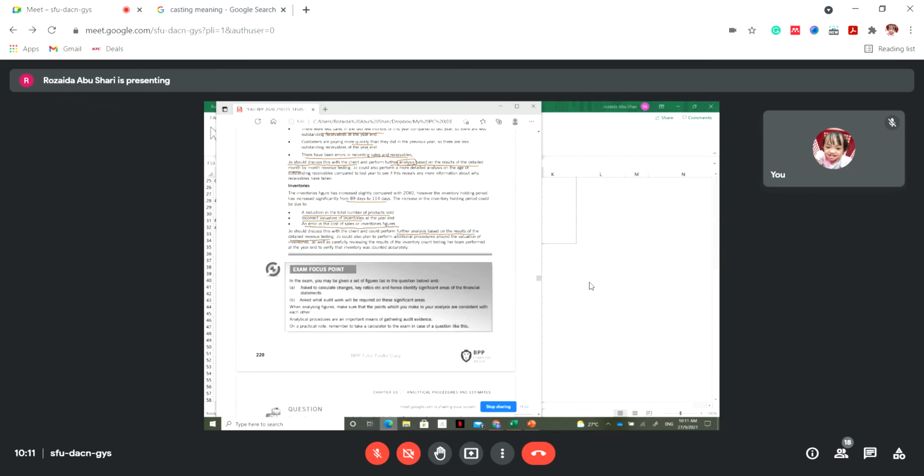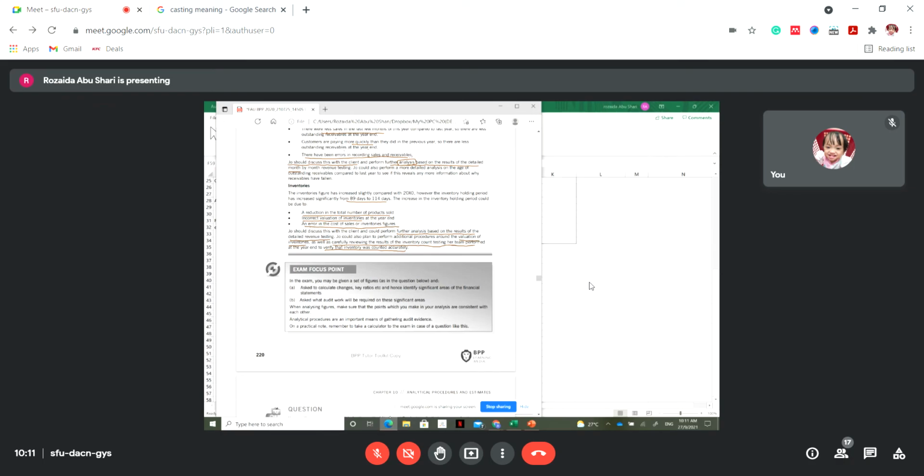Joe should also plan to perform additional procedures around the valuation of the inventories, as well as carefully review the result of the inventory count testing her team performed after year end to verify the inventory was counted accurately. So these are the detailed extent of procedures that you should do.